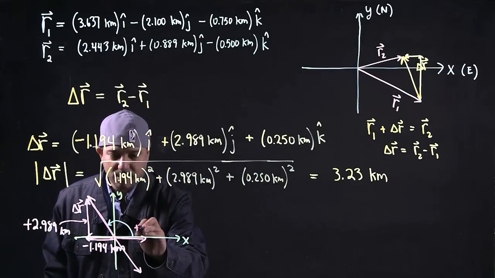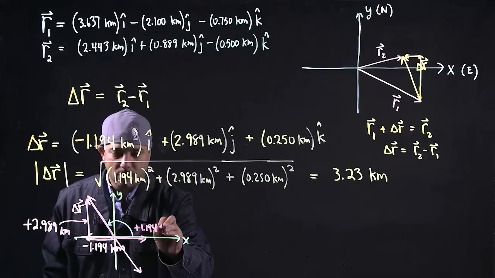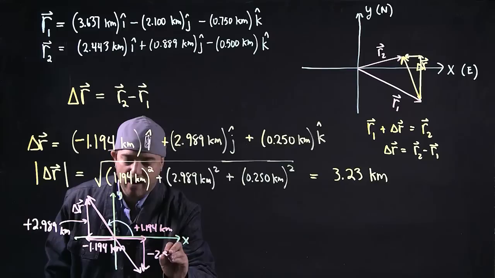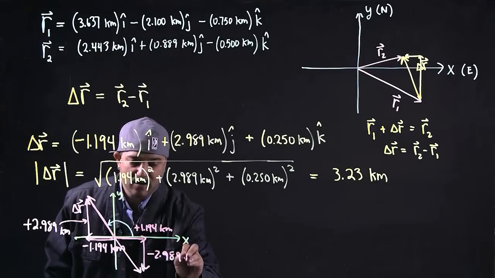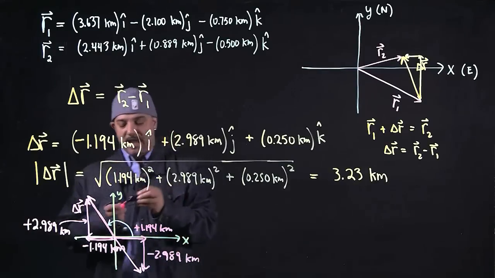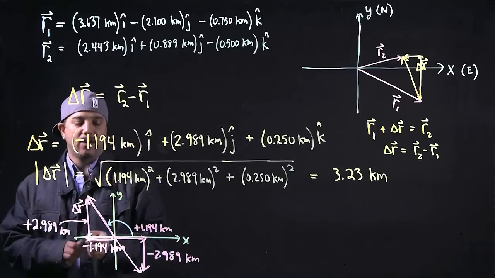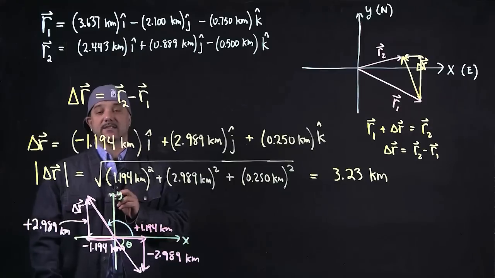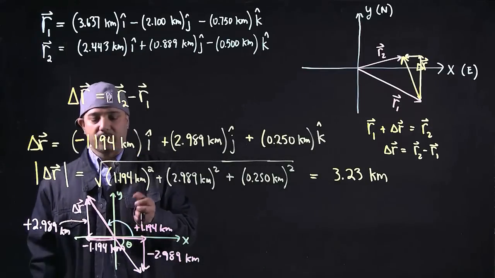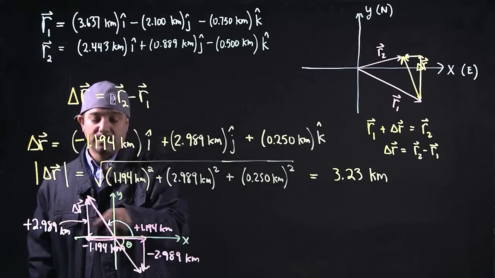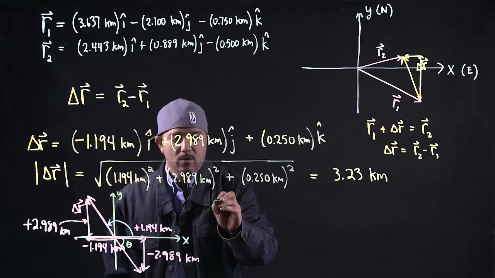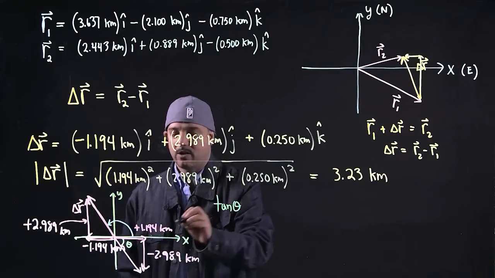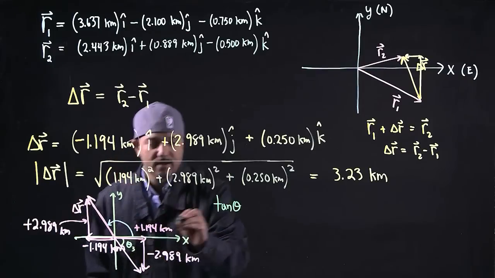This will be plus 1.194 kilometers, negative 2.989 kilometers. And now we get an angle with respect to the positive x-axis. That's what arctan on your calculator will give you, this angle. We want to know the tangent of this angle theta. Let me call this theta 3.